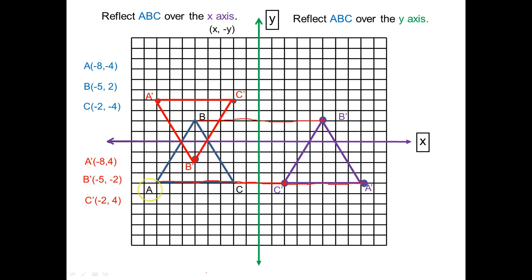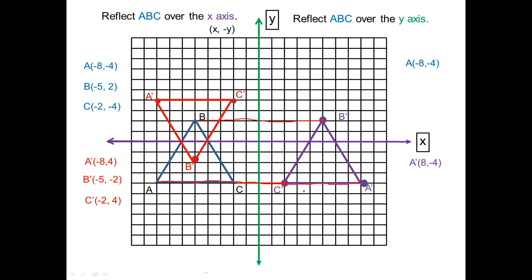You notice your A is on the opposite side from the original one. So you have folded your triangle over. So let's take a look at the comparison of the new coordinates. A, negative 8, negative 4 was the original coordinate, and 8, negative 4 is the new one. So again, in this case, I'm going over the y-axis. My y values remain the same, but my x values change signs.